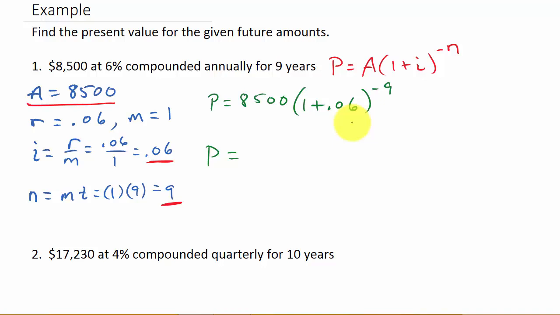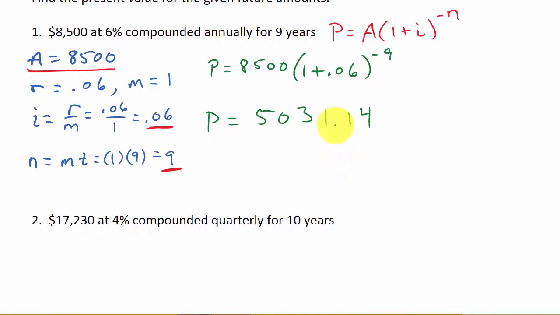That should give you 0.591898464. Then just hit times 8,500 and hit equals. That gives us 5,031, and rounded to 2 decimals, that's 14 cents. And there's your answer.